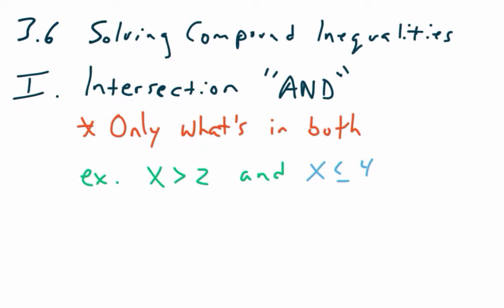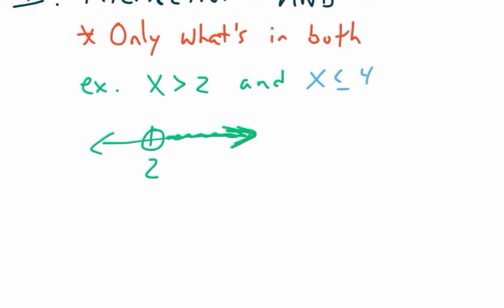Now if we want to graph these two, on my first one, x is greater than 2, I'd have a 2, open circle or closed circle? Open, and we shade to the right, towards the parking lot and freedom, at the risk of sounding like Mel Gibson in Braveheart.